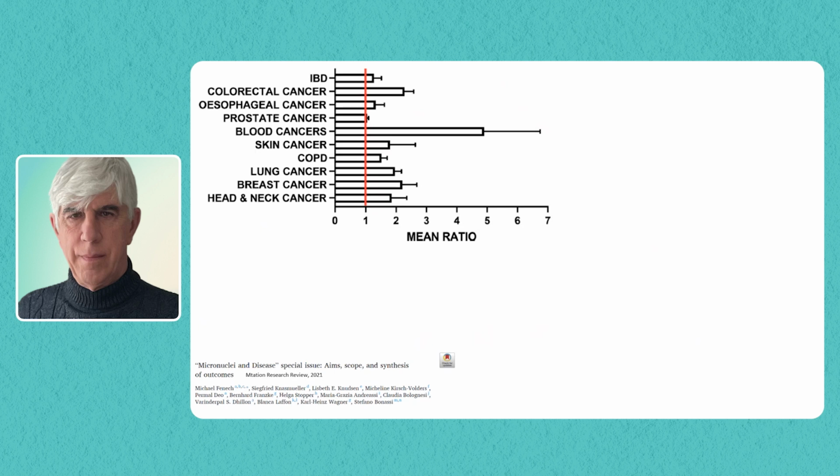But that's the point. I want also to spend the last minute of this talk saying that micronuclei is a biomarker that raises a lot of interest, not only because it's a good marker of exposure, a good marker of intermediate steps towards diseases, but also because it's associated with the presence of diseases.